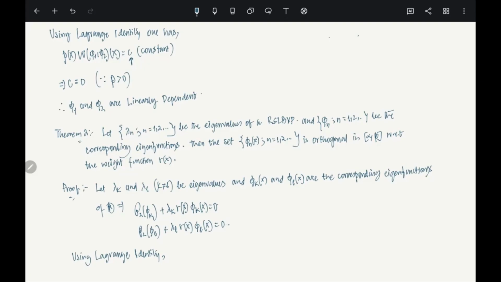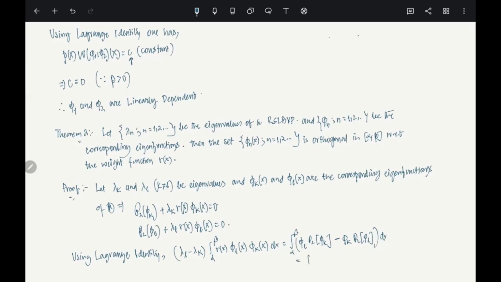You are going to get (lambda l minus lambda k) times the integral from alpha to beta of R(x) phi l(x) phi k(x) dx, which equals the integral from alpha to beta of phi l P2 phi k minus phi k P2 phi l dx.